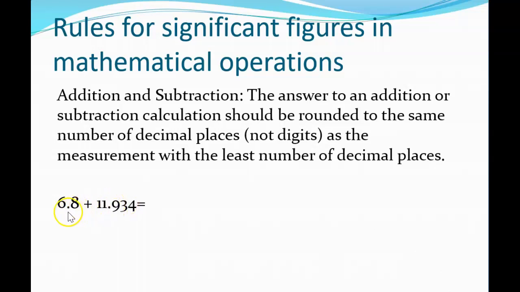Well, clearly the 6.8. So I'm going to round my number to 1 decimal place after the decimal. My answer is 18.734, but when I round it, that 3 rounds down, so my answer is 18.7.